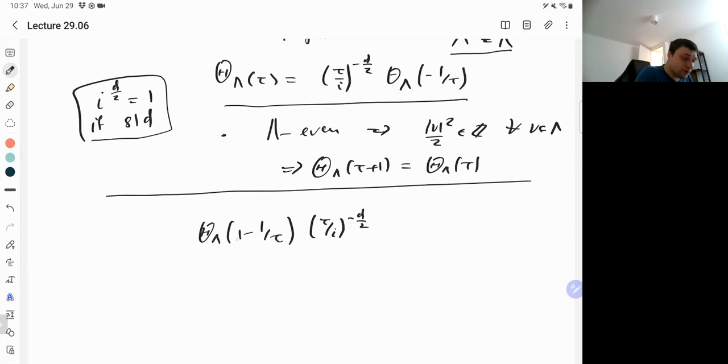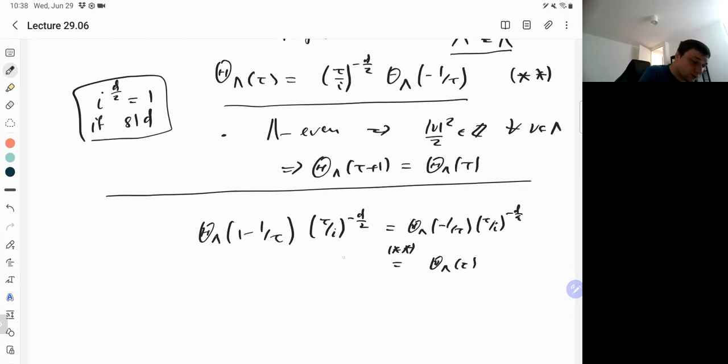If you use periodicity, this is equal to theta lambda of minus 1 over tau, divided by 5 minus d over 2. And now if you use this property here, this is just theta lambda of tau again.